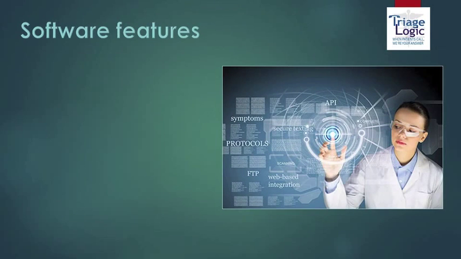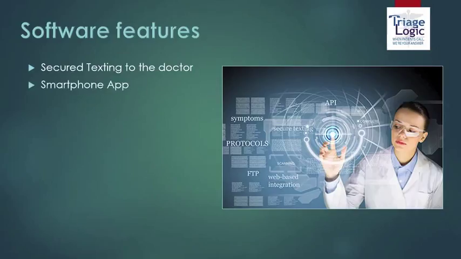There are many features of advanced nurse triage software and systems, some of which include the ability to secure text the doctor when the nurse has to reach him, the development of smartphone apps for patients to request a callback directly from their phone.